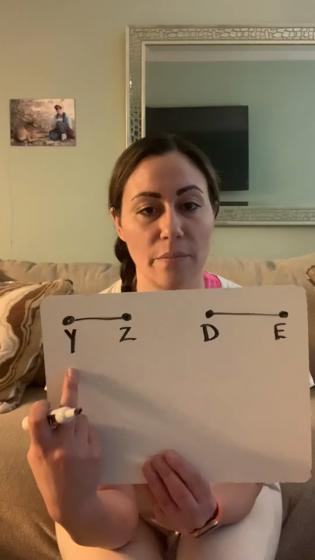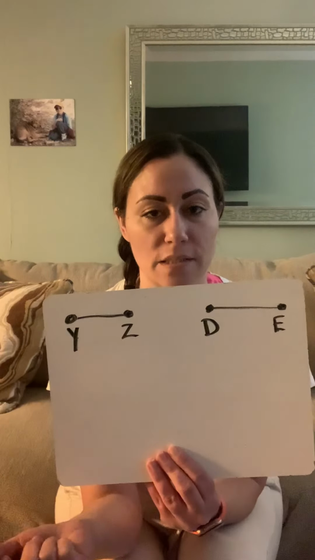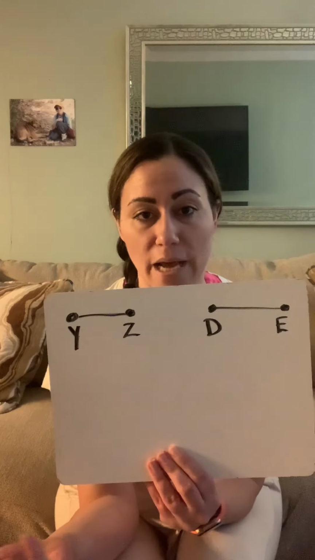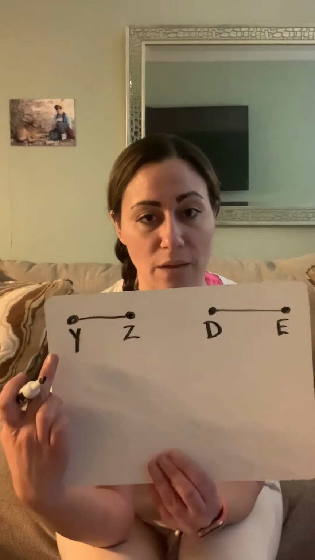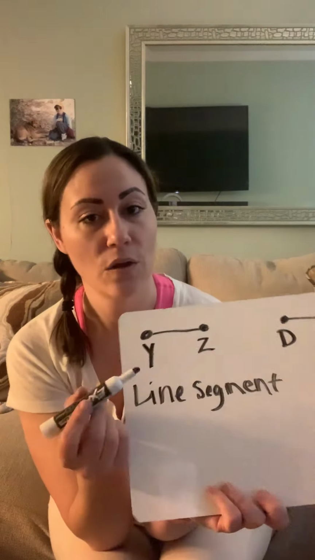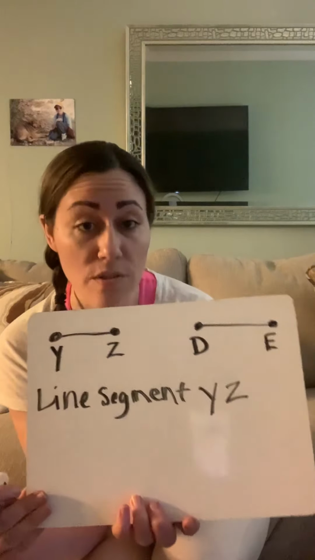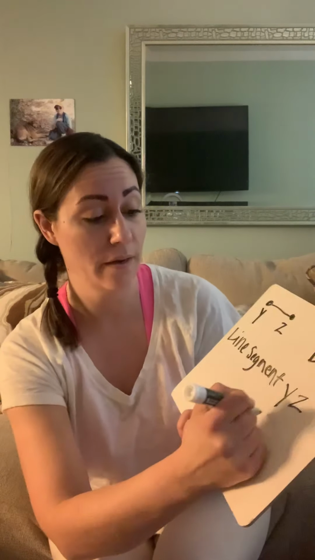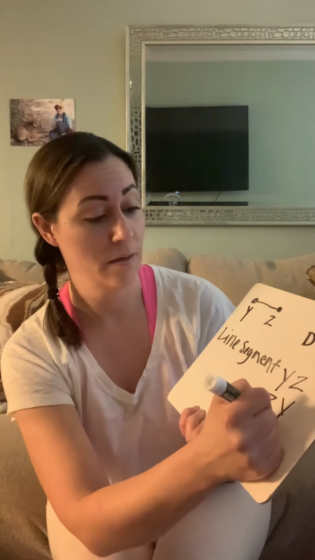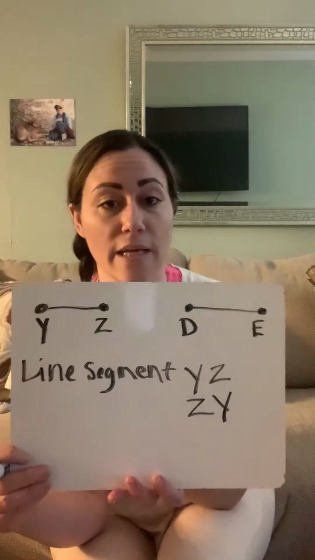I have a line segment and it's labeled Y and Z. So first I can write it in words. I name what it is. It's a line segment. So I'll write line segment YZ, or I could also say line segment ZY. It's just like a line.